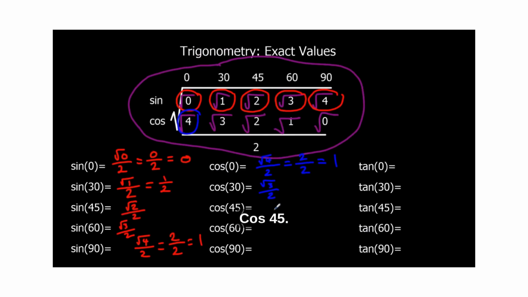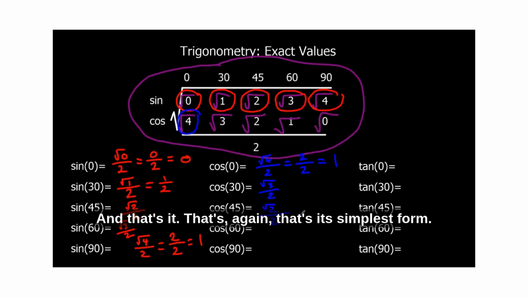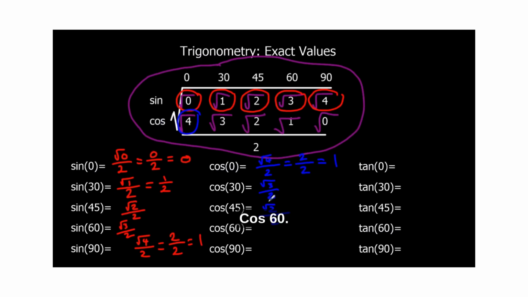Cos 45 meets at root 2, so root 2 over 2, and that's its simplest form. Cos 60, root 1 over 2, which I can change to 1/2, and cos 90, root 0 over 2, which is 0 over 2, which is 0.